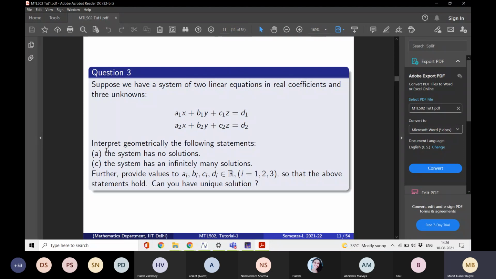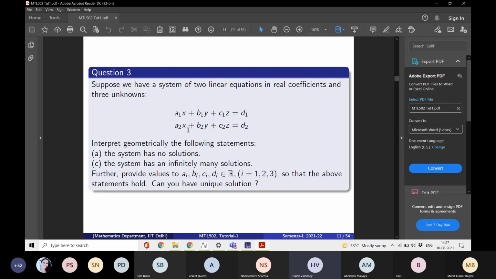And for the other case where the system has infinitely many solutions, although we have discussed it geometrically, can you quickly explain the values of A_i, B_i, C_i, and D_i so that A1/A2 equals B1/B2 equals C1/C2 equals D1/D2?